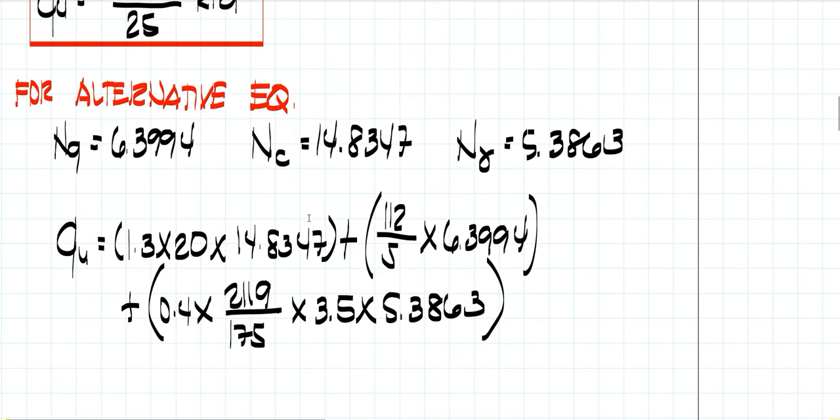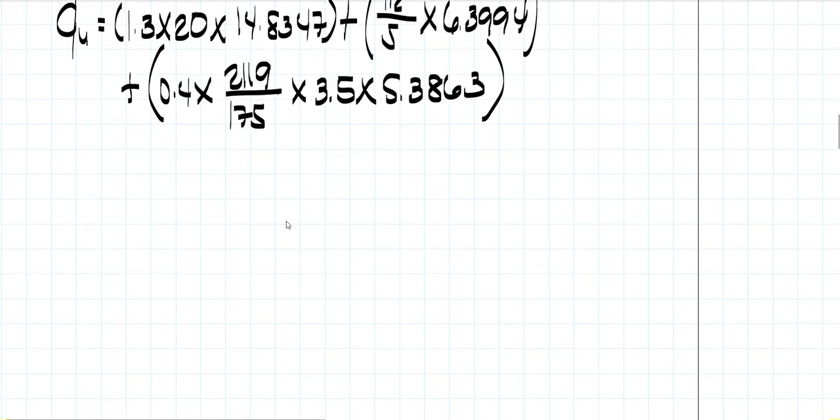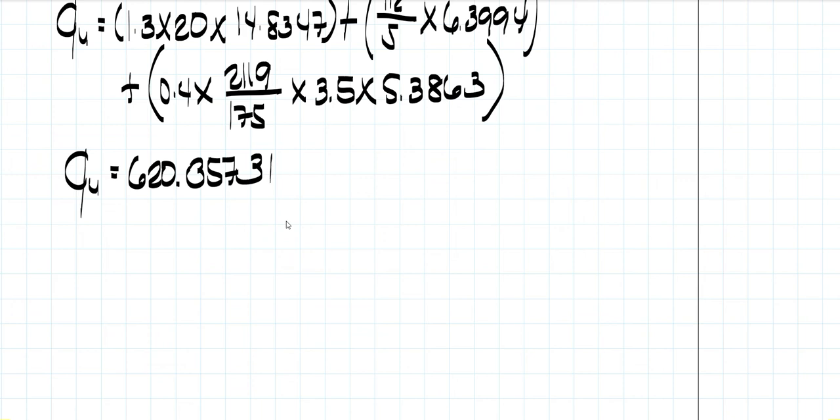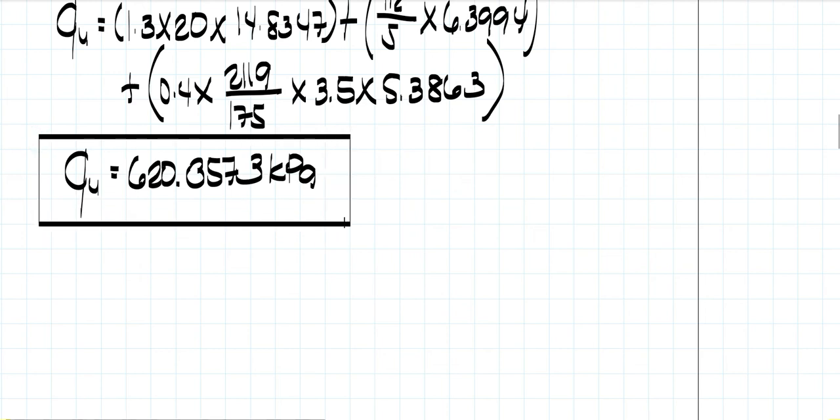So from this equation, we will have a value QU, which is 620.3573. So this is in kilopascals. So this is now the ultimate bearing capacity natin for Terzaghi's equation using the alternative equation for the bearing capacity factor.